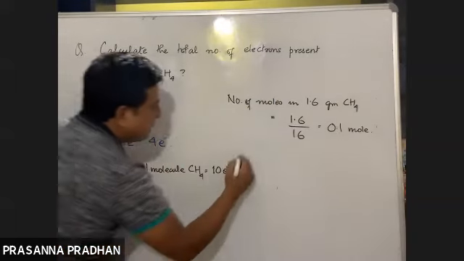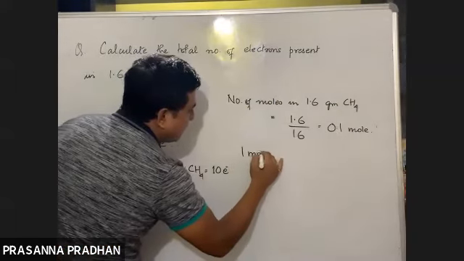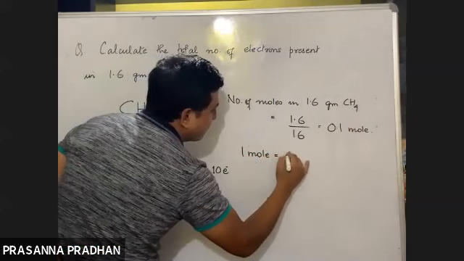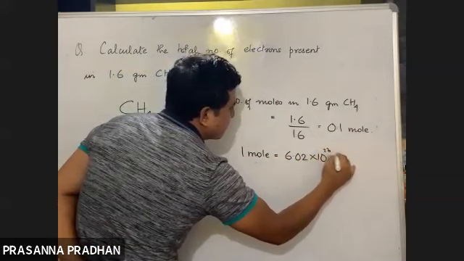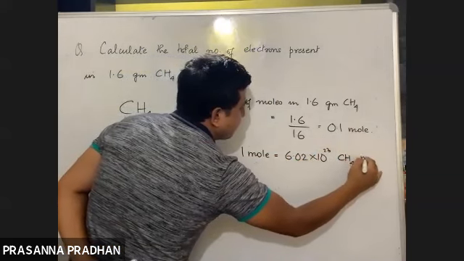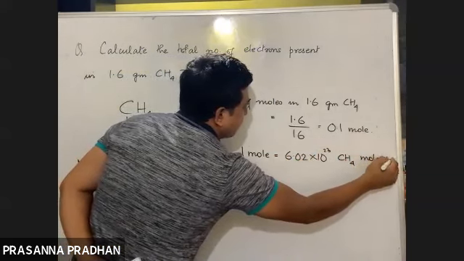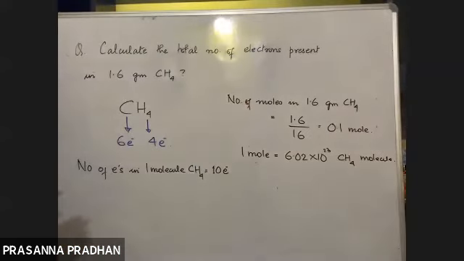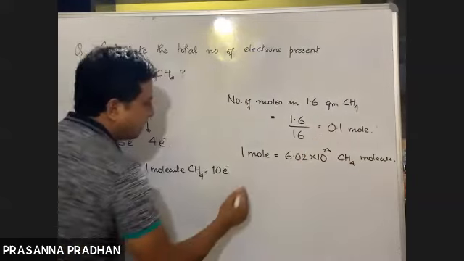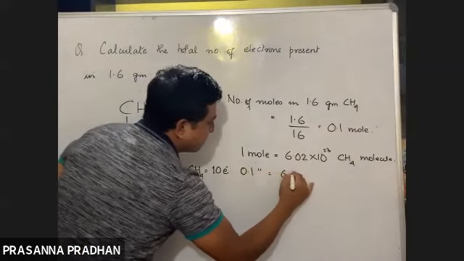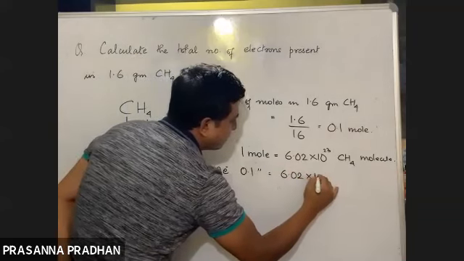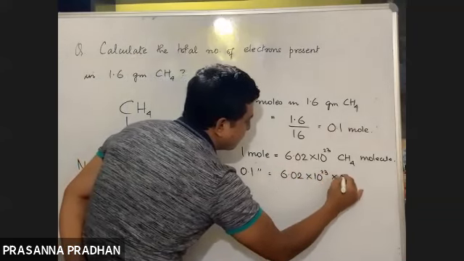Now again, I know 1 mole contains how many molecules? Avogadro number of methane molecules. But how many moles of methane are present? Not 1, it's 0.1. So 0.1 mole of methane contains 6.02 into 10 to the power 23 multiplied by 0.1.